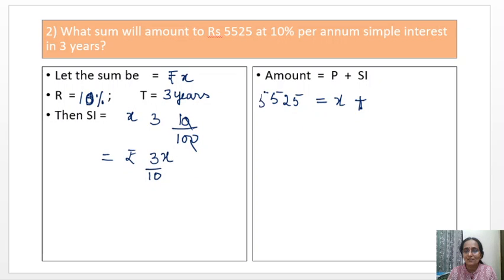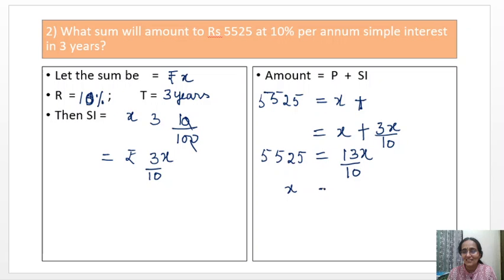Now it is 5,525 equals X plus simple interest 3x by 10. Take the LCM, then it will be 13x divided by 10. You can find out the unknown quantity x using simple equation rules. Now x equals 5,525 into 10 divided by 13.